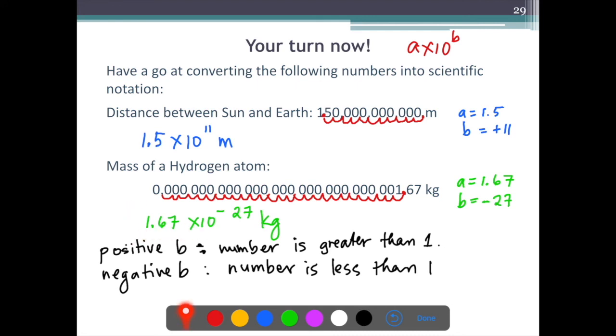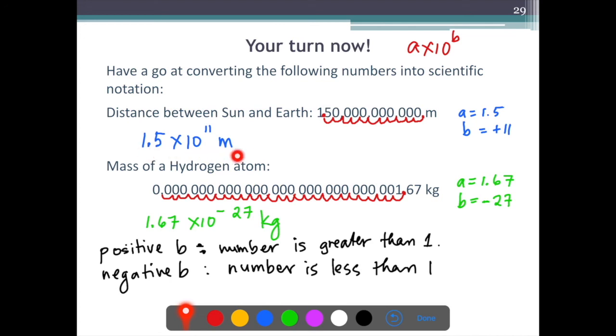So if, for example, you're given this scientific notation, 1.67 times 10 to the negative 27, and you're asked to convert that to a number instead of scientific notation, the fact that B is negative, that you have this negative power here, means that your number should be less than 1. And so you move your decimal point to the left so that your number is less than 1.